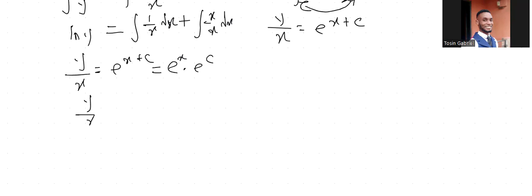Now in indices, this is simply the same as e raised to the power of x multiplied by e raised to the power of c, isn't it? So simply put e raised to the power of c as a constant, right? Put it as a.